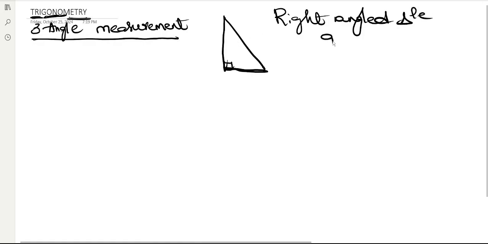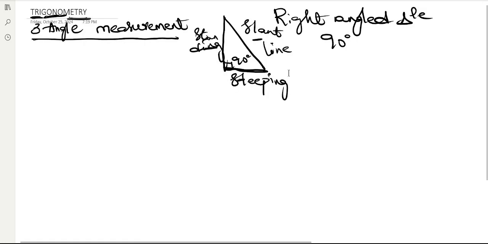The condition for the right angle triangle is that one of the angles must be 90 degrees. One of the angles must be 90 degrees. So we name these sides. In the lower classes, we generally name this side as the standing line, this as the slant line, and this one as the sleeping line.